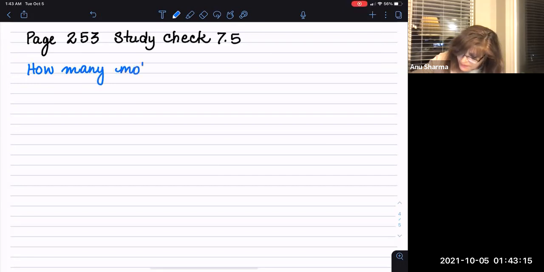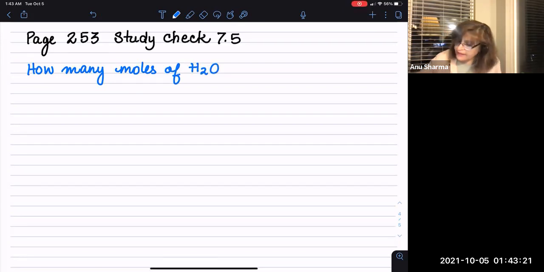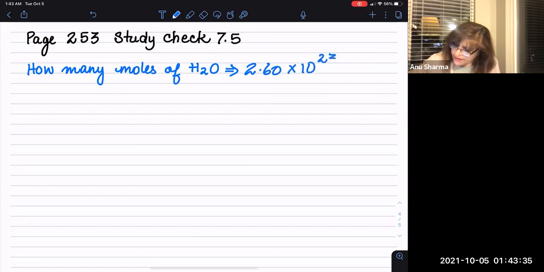How many moles of water contain 2.60 times 10 to the power 23 molecules of water?